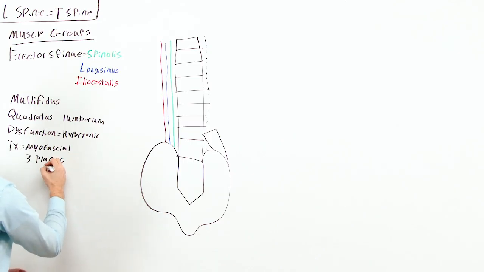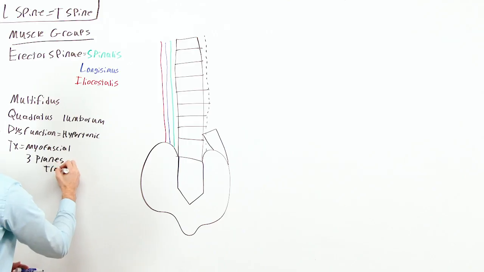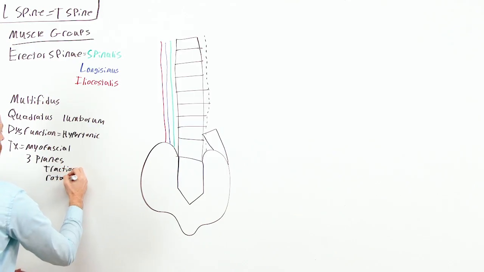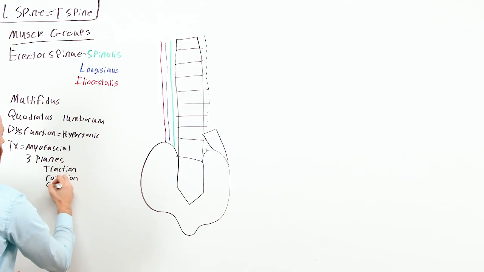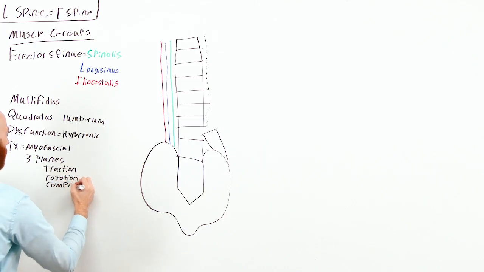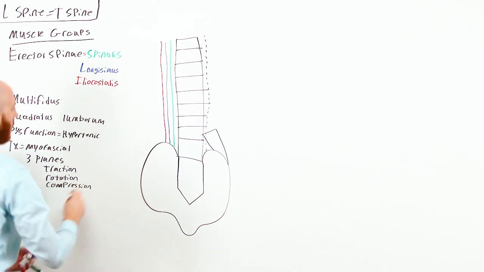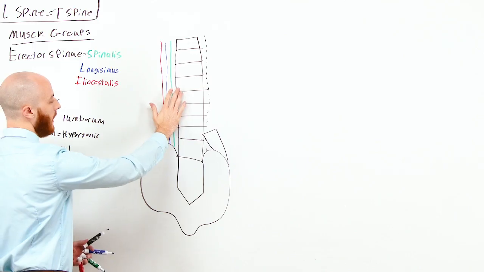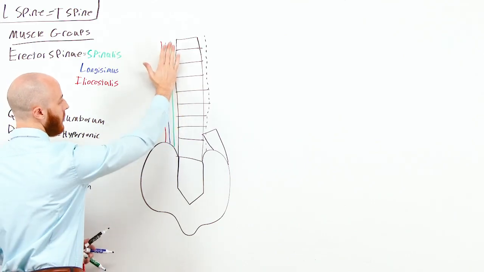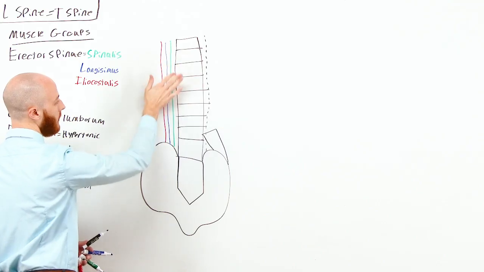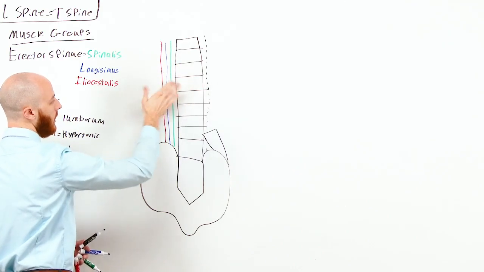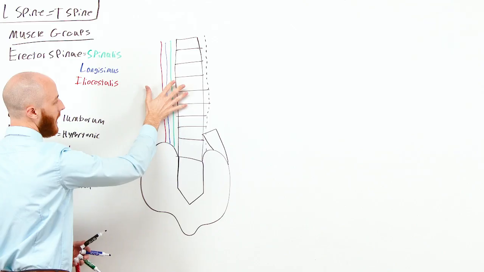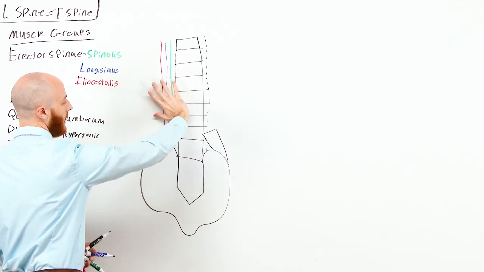You're going to use traction, rotation, and compression. So you're going to palpate the back of where the muscle groups are, and you're going to add linear traction either along the muscle or parallel to the muscle, you're going to include rotation of the muscle, which is just like a clock face, clockwise or counterclockwise.